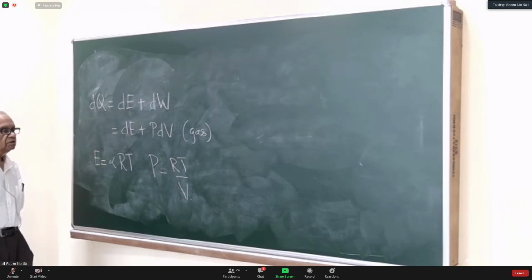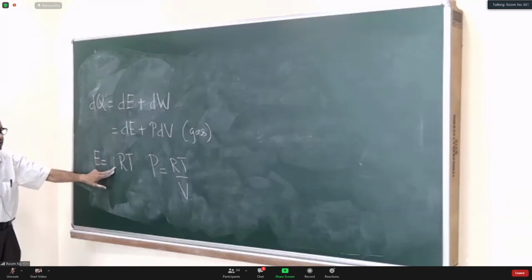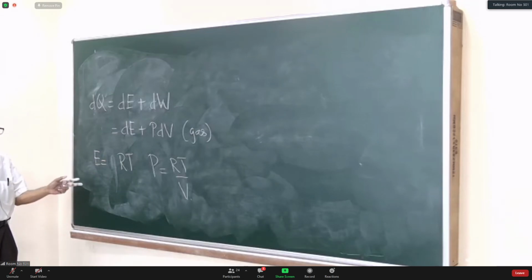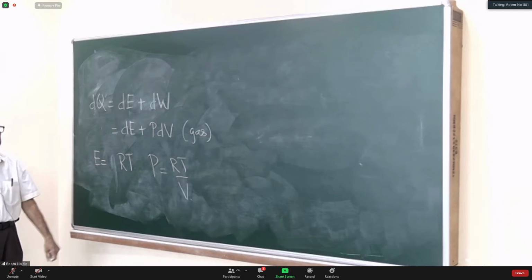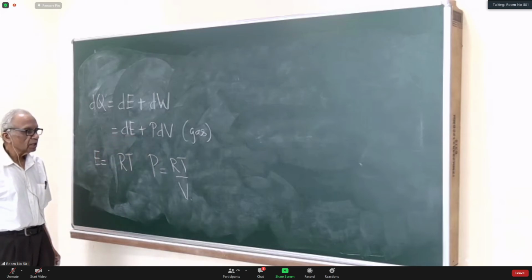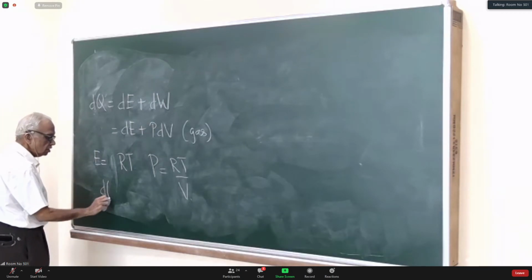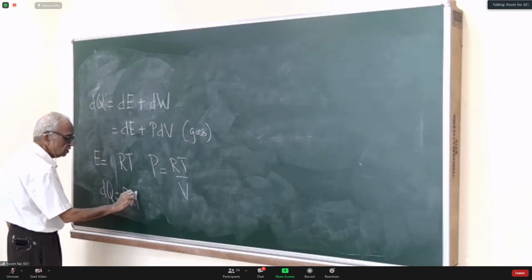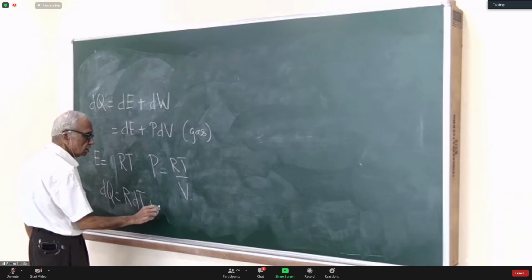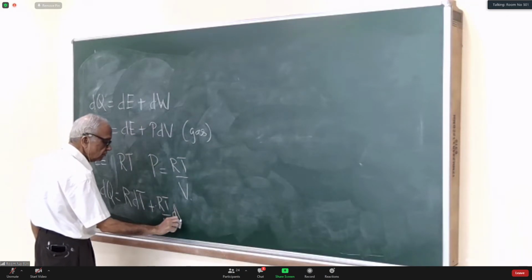So P equal to RT over V. Let's get the alpha out, let's put it equal to 1. So dE is R times dT, and P is RT over V, and you would get dq is equal to R dT plus RT by V dV.